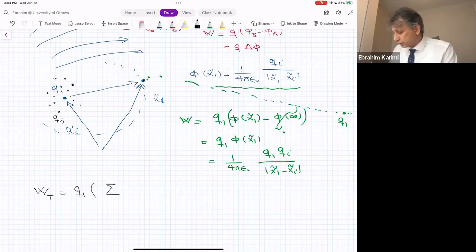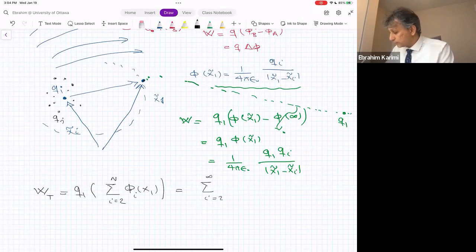So that will be the summation over i, let's call it from 2 to n, of Qi phi i at the position of x1, which in the end will be the summation over i from 2 to n of 1 divided by 4 pi epsilon naught, Q1 Qi over the magnitude of x1 minus xi.